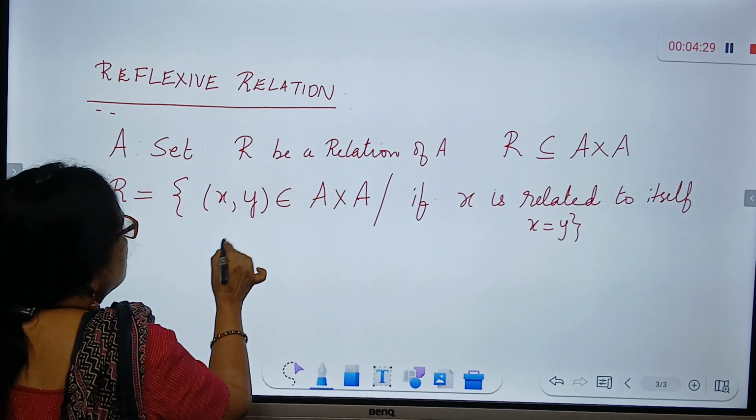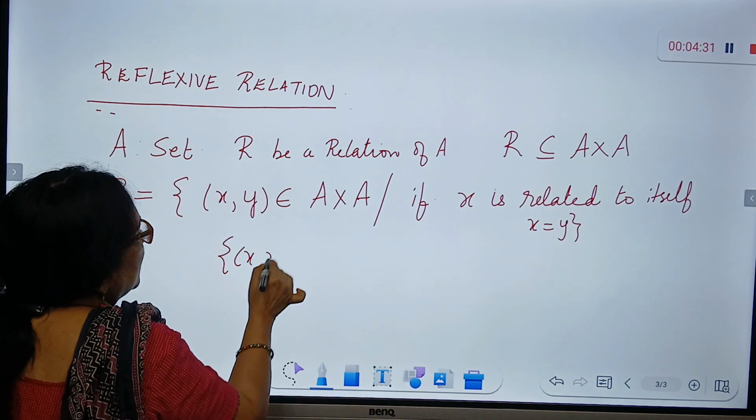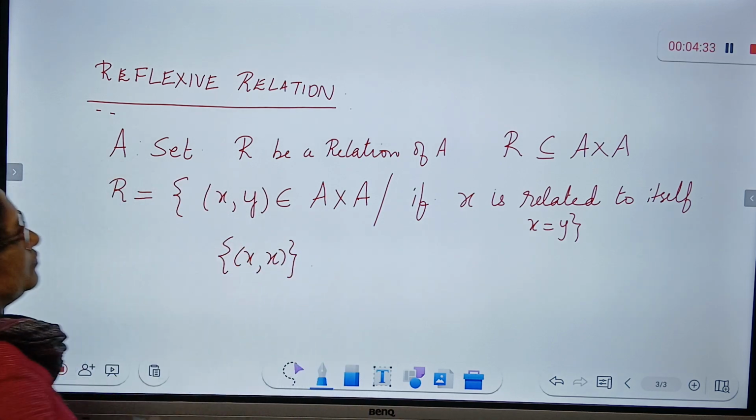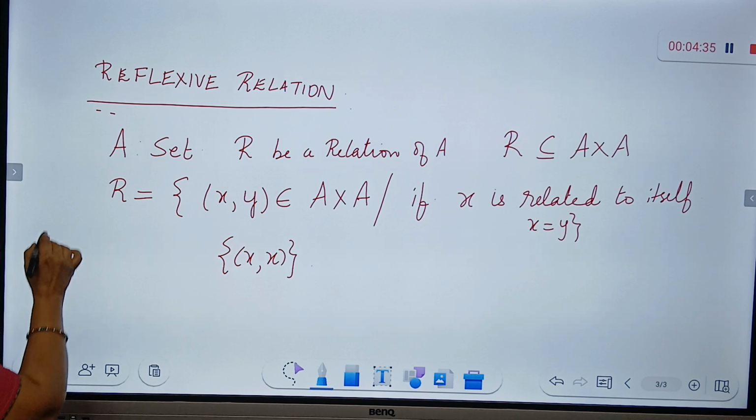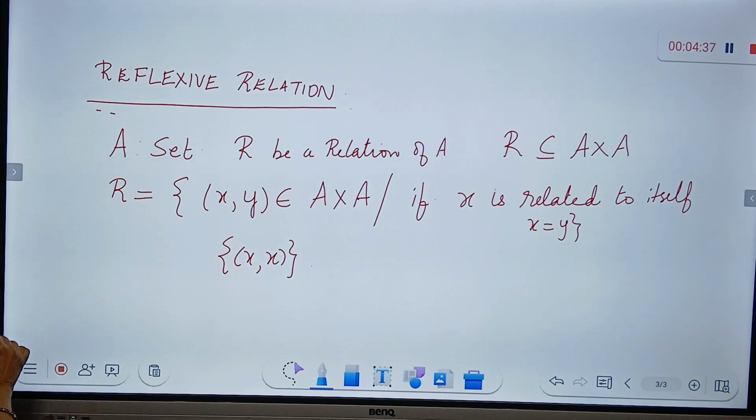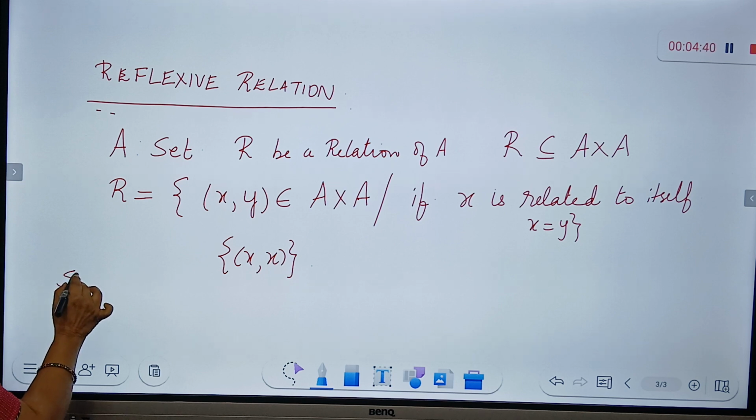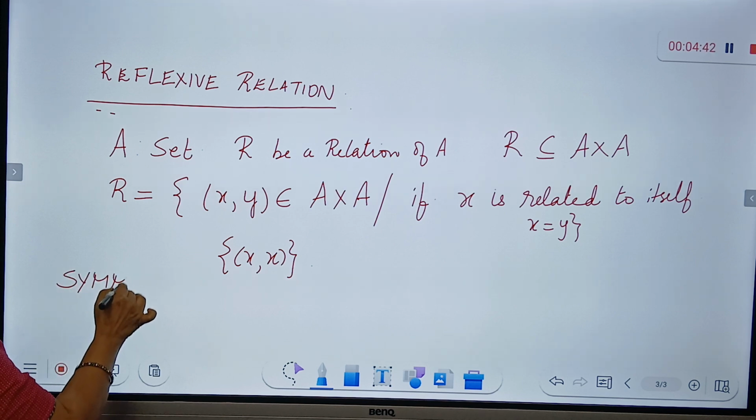That means it consists of all the elements of the form (x, x). Such a relation is called a reflexive relation. Now, let us see what is a symmetric relation.